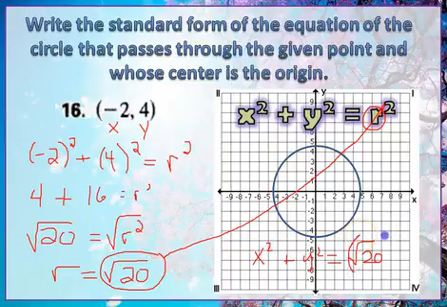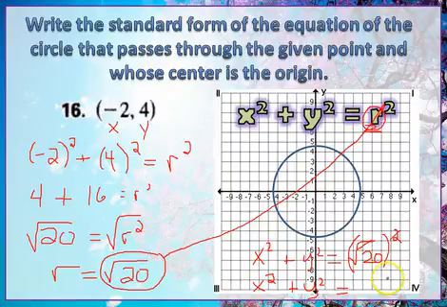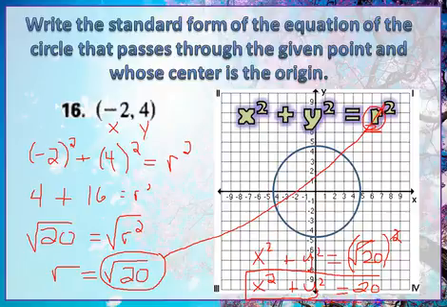All of that is squared because that's the radius up here. Well, wait. Square root of 20 squared just means they cancel. So my answer for the standard form of the equation of this particular circle passing through negative 2, 4, centered at the origin, is right there. x squared plus y squared equals 20.